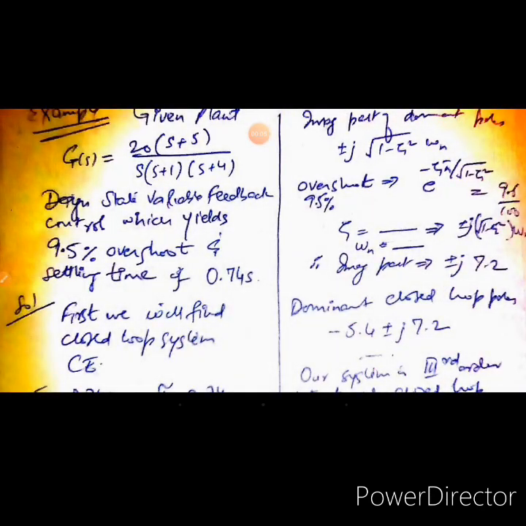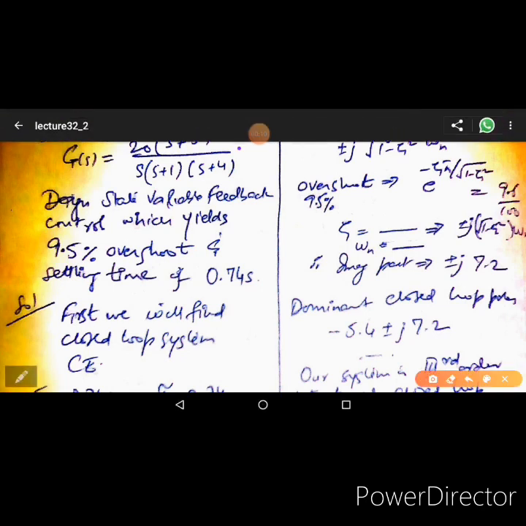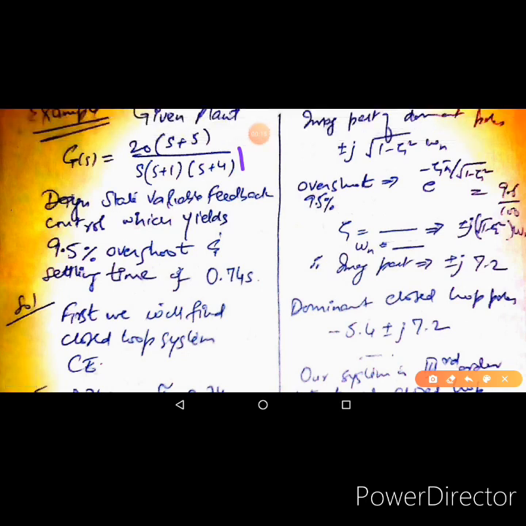We are given a plant transfer function G(s), as you can see over here. And we are supposed to design a state variable feedback control in such a way that the closed loop system gives us a 9.5% overshoot and a settling time of 0.74 seconds. It's a very easy problem.